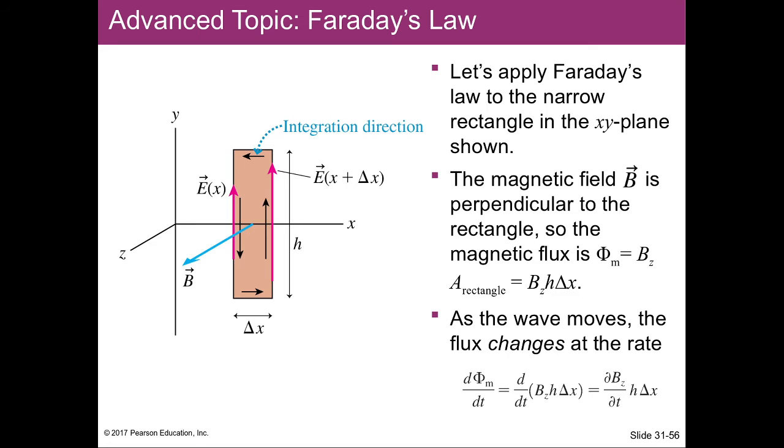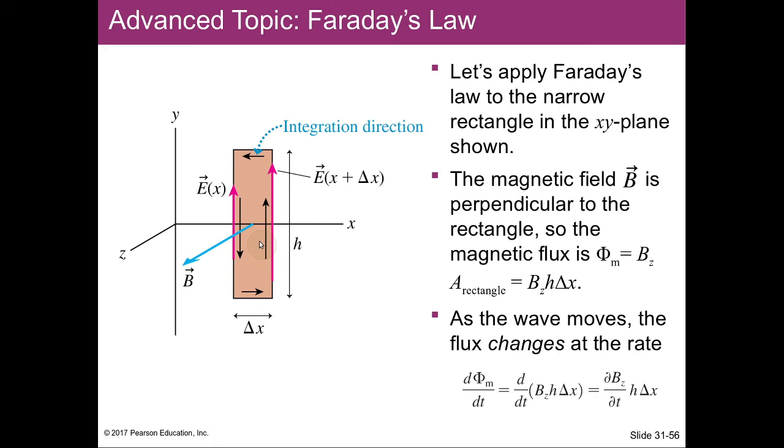And so let's first apply Faraday's law, and as Faraday's law relates a changing flux of the magnetic field to the electric field around a curve, let's select a curve that is the border of this rectangle shown. The rectangle in the xy plane, so that the magnetic field is perpendicular to this rectangle.